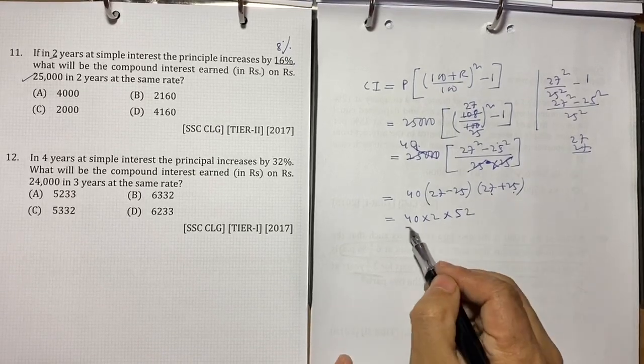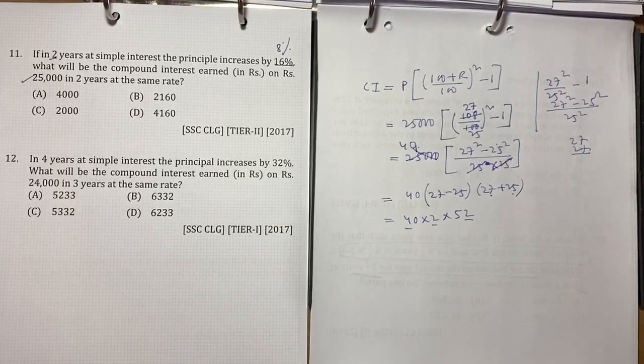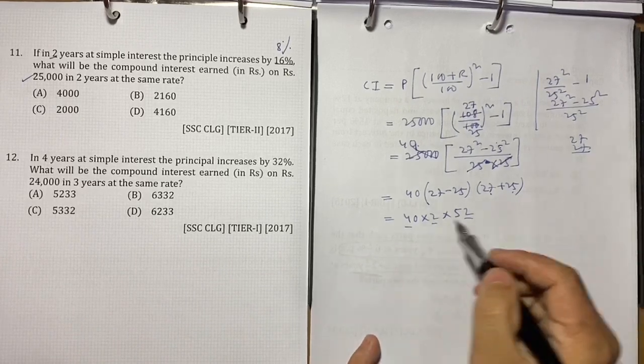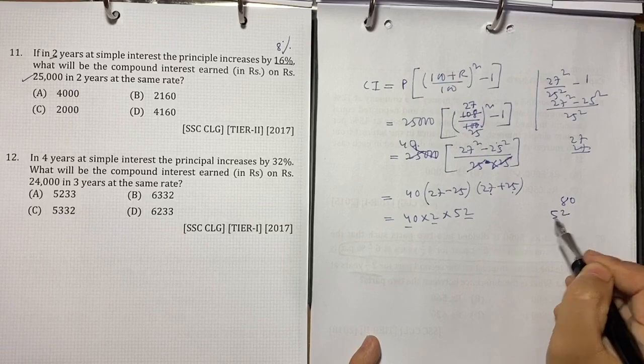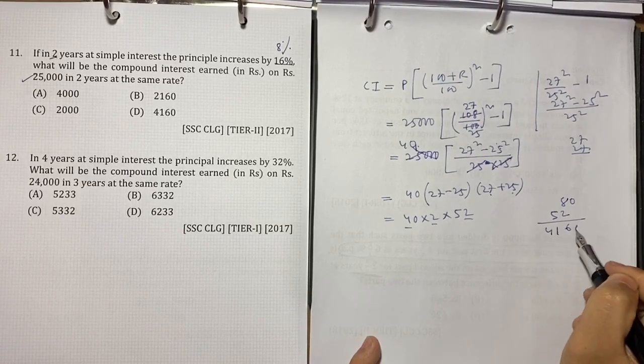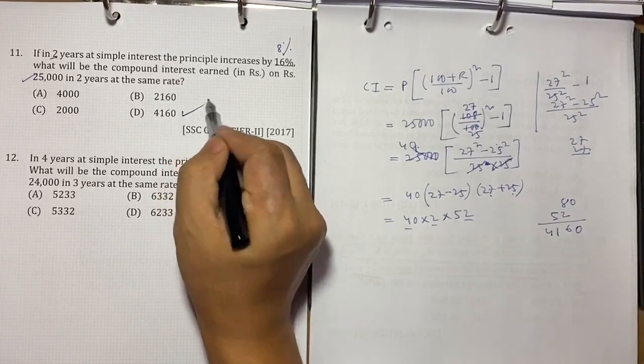So the answer will be 80 into 52, which is 4160. This will be the answer.